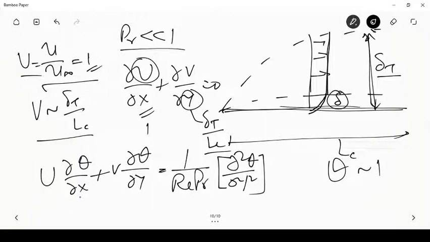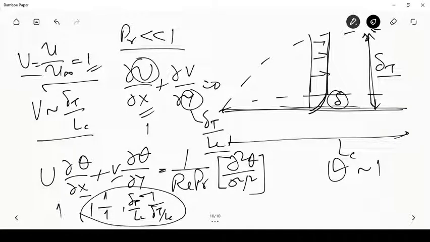So theta is of the order of 1, x is of the order of 1. This is delta t by LC, and this is delta t by LC. So what I'll get is 1 over 1 and delta t by LC and 1 over delta t by LC. So that gives me the whole left hand side is of the order of 1.